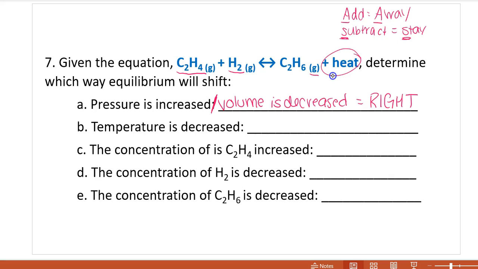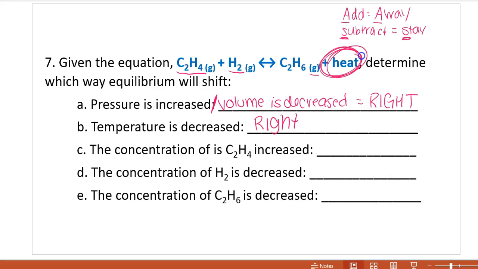I'm subtracting heat. Equilibrium is going to stay on that side. Equilibrium is going to shift to the right. Le Chatelier's principle says, if we stress a reaction, it is going to shift to reduce that stress. So if we decrease temperature, we remove that stress by producing more heat. So equilibrium has to shift to the side that heat is on.